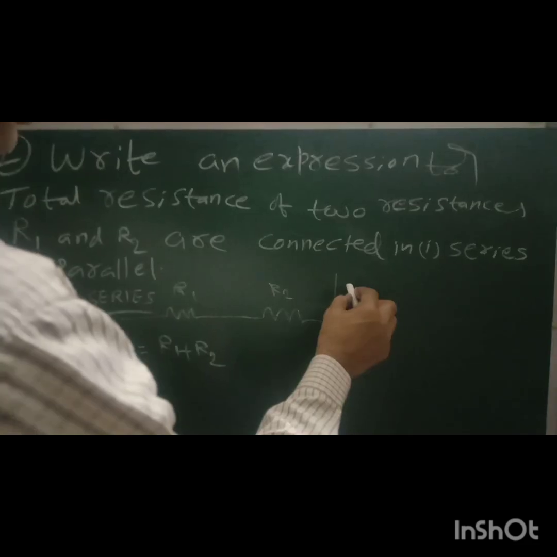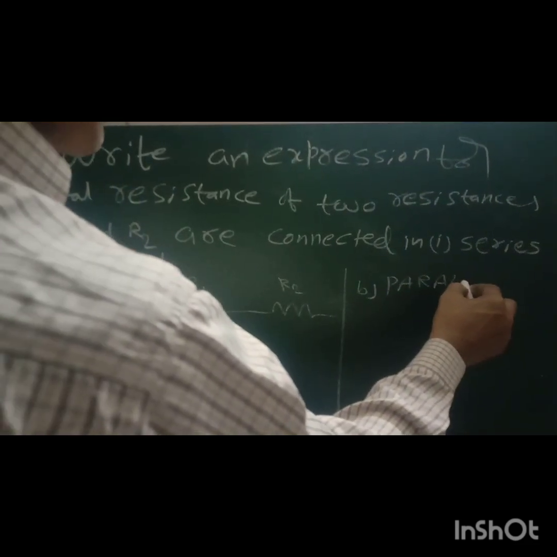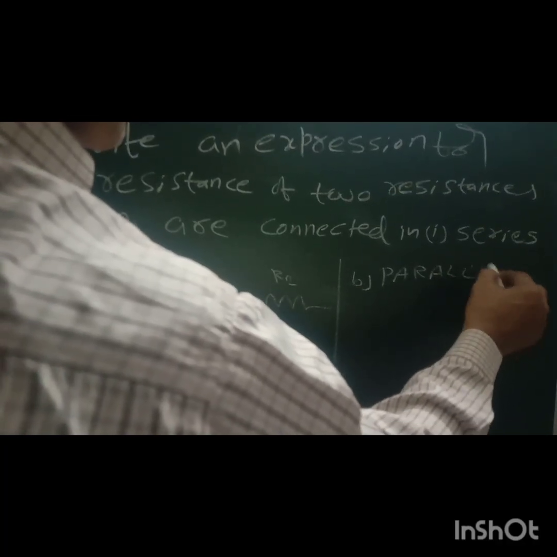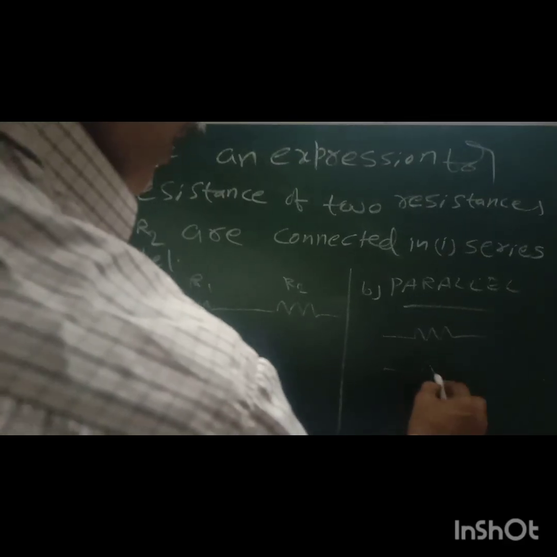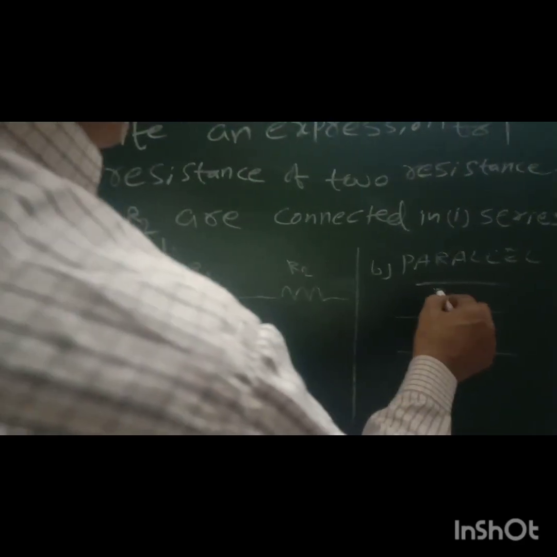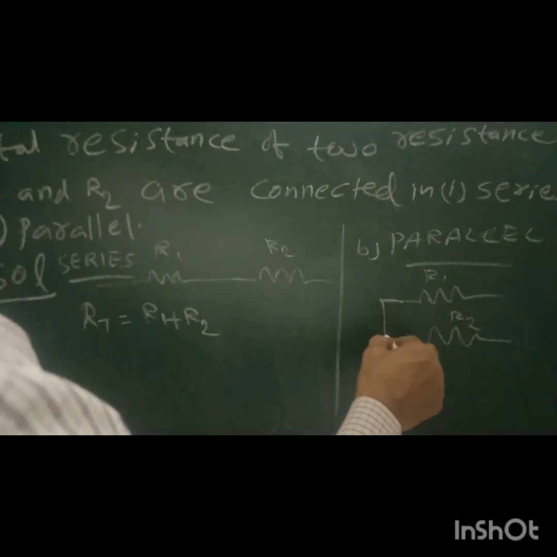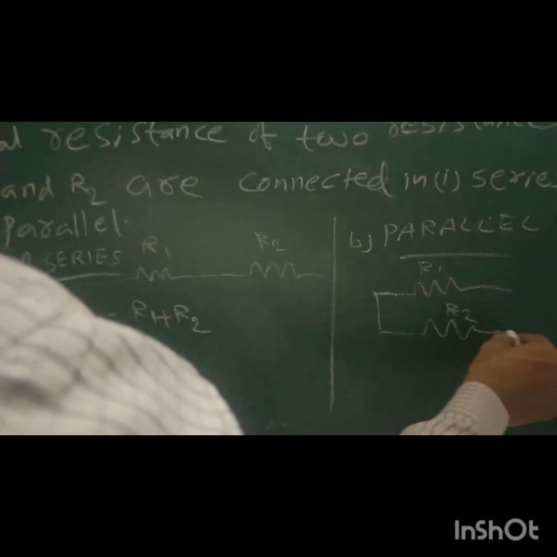Next bit is B, the parallel. R1 first and R2 first are connected to a common point. R1 second and R2 second are connected to a common point.